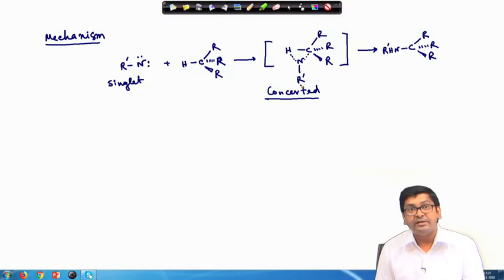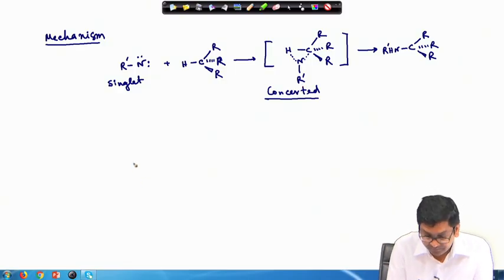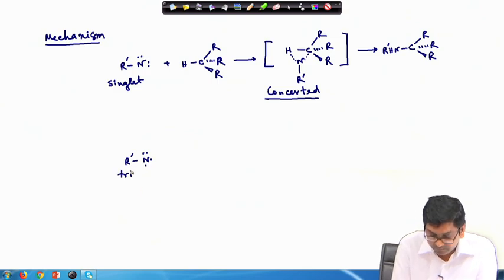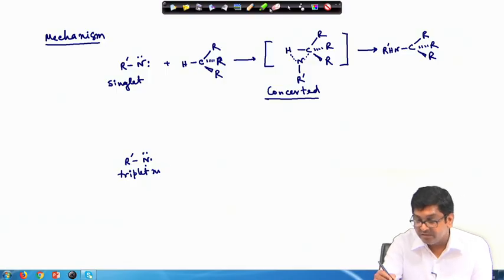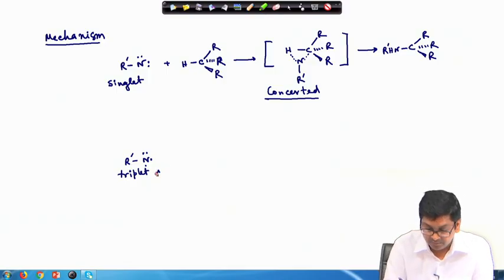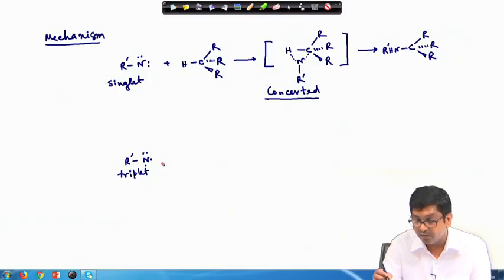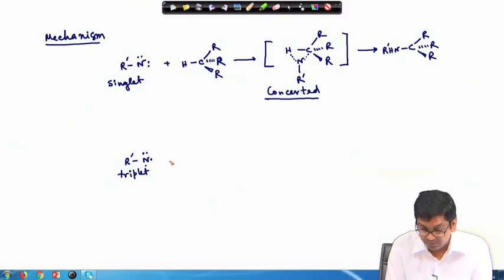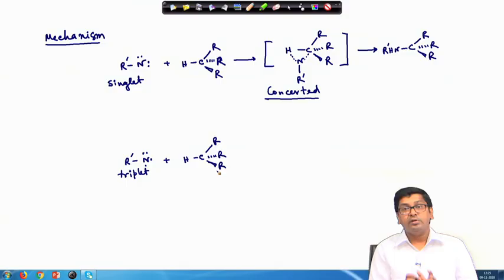What will happen if it is a triplet nitrene? This is triplet nitrene. Okay. Now, in similar fashion this can react with a carbon hydrogen bond, but the mechanism will be different.